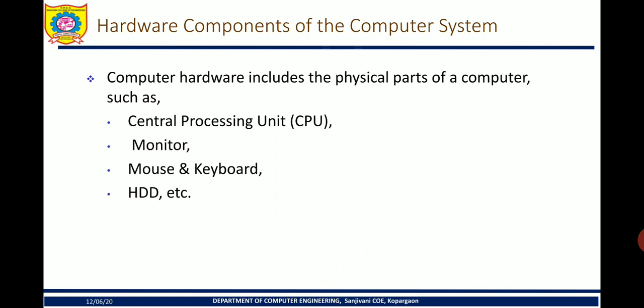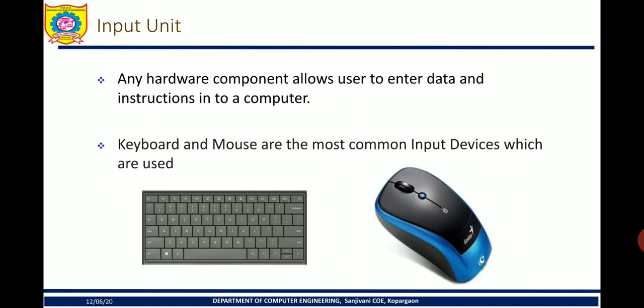Then there are monitors, mouse, keyboards, hard disk, SMPS, etc. These hardware parts come together and form a system. But still, these hardware parts are again divided into three different parts: input devices, output devices, and processing devices. Okay, so we'll be going through these devices.